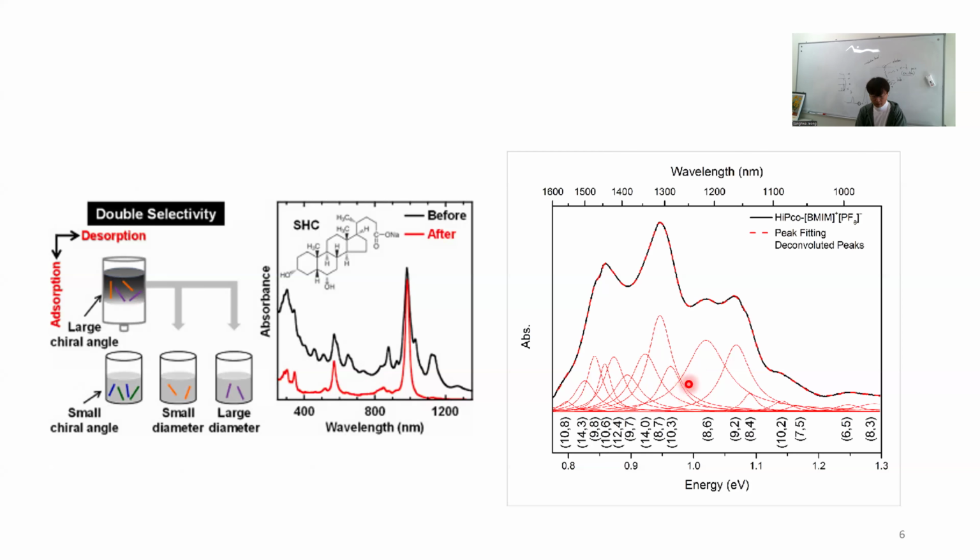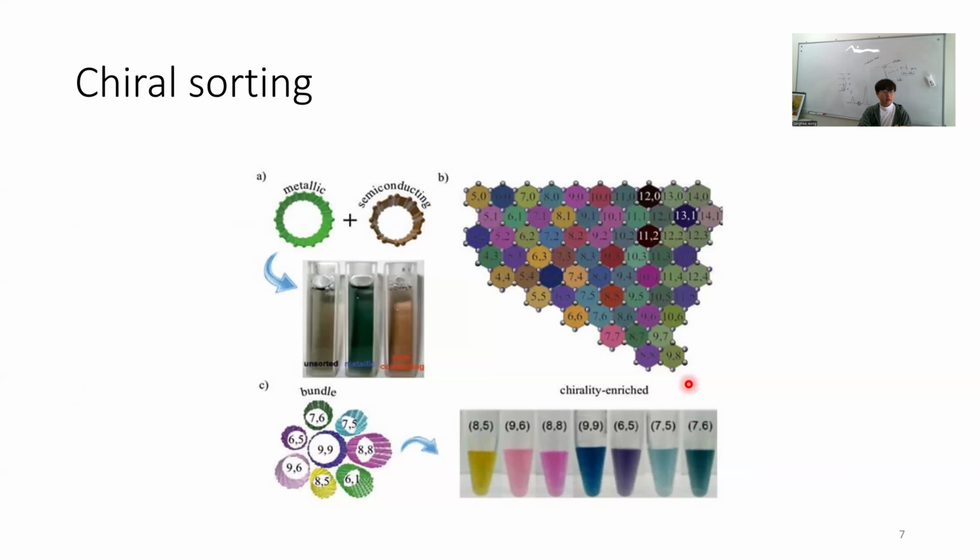So in industries and applications, it is now a challenging issue how to use single chirality carbon nanotubes, not multiple chiralities. For example, that is possible.